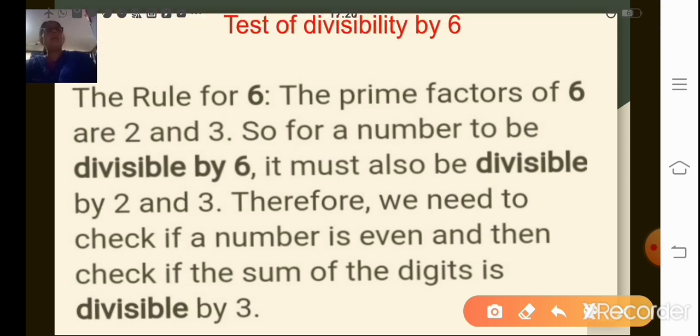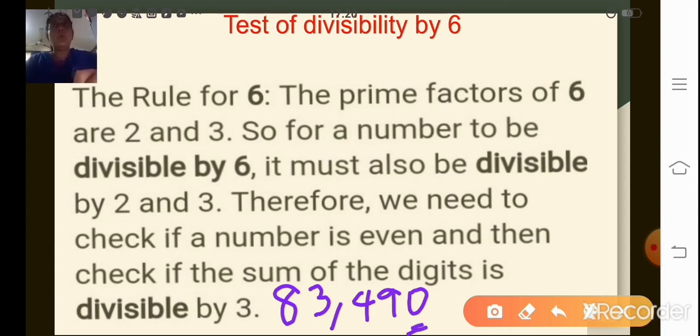Now, suppose we take the number 83,490. Here the number in the ones place is 0. That means it is divisible by 2. Correct? Now, the same number, when I add 9 plus 4 is 13. 13 plus 3 is 16. 16 plus 8, 24.